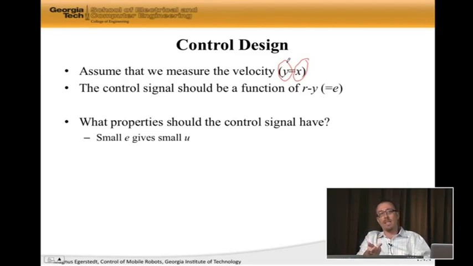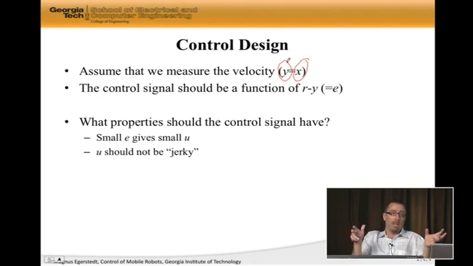Because when you start overreacting, you start responding very quickly and aggressively to measurement noise, for instance. So a small error should give a small control input. You should not be jerky. And jerky here, all I mean with that is that it shouldn't vary too rapidly all the time. Because if it does, then we're going to be sitting in this car with our cruise controller, having a cup of coffee with us.